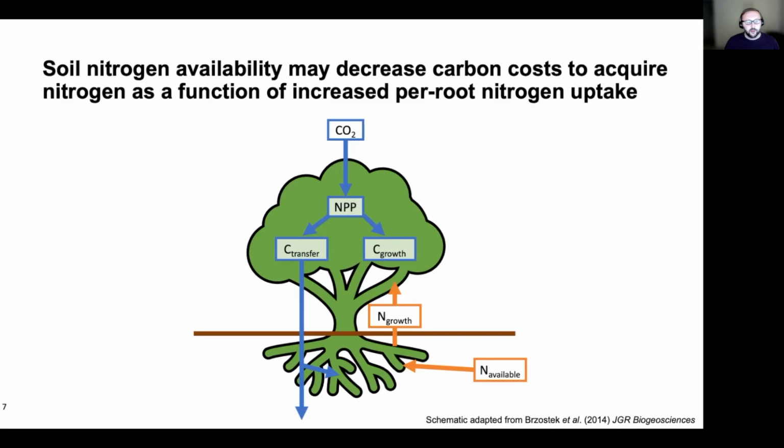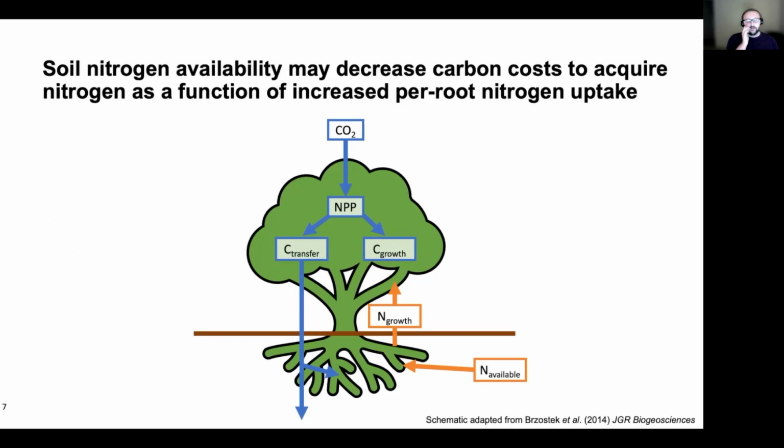But I think it's important to note that carbon costs to acquire nitrogen are dynamic and therefore are likely to change with changing above ground and below ground environmental conditions. When we look below ground, soil nitrogen availability likely plays an important role in modifying these carbon costs.